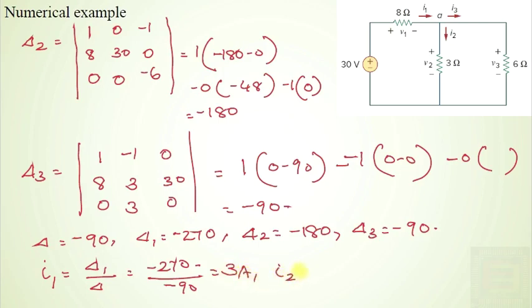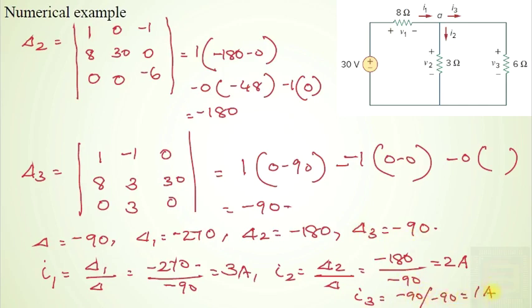I2 is equal to delta 2 by delta, that is minus 180 divided by minus 90, equal to 2 ampere, and I3 is equal to delta 3 by delta, that is minus 90 divided by minus 90, equal to 1 ampere.